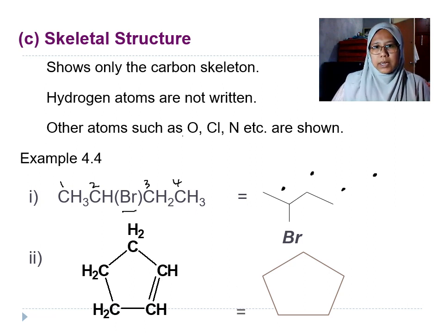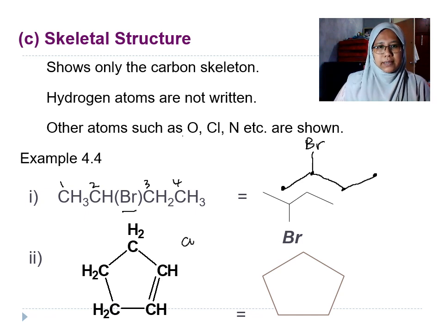It is in carbon 2. So bromine will be drawn here because it is an element other than carbon and hydrogen. So we do this. This is fun actually. Voila! This is the skeletal structure for 2-bromobutane.